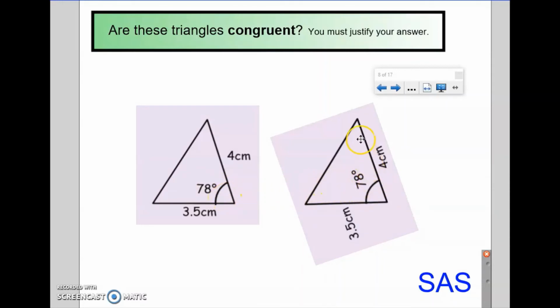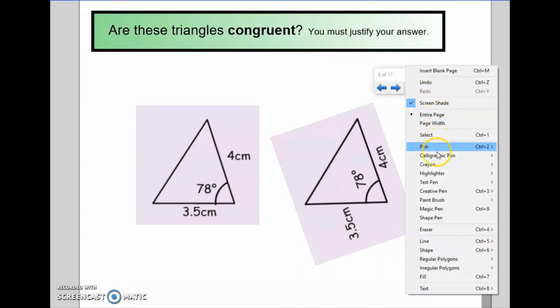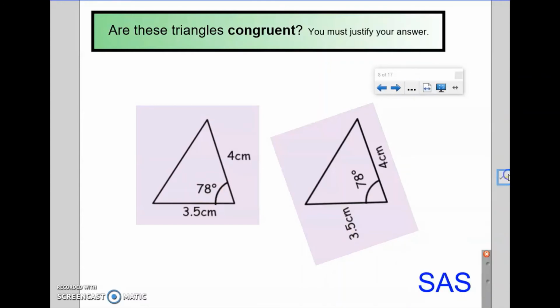If this 78 was up here and this one remained down here, that would not prove congruency because the angle has to be enclosed by the two sides. So what we're dealing with here is side, angle, side in that order, side, angle, side in that exact same order as well.